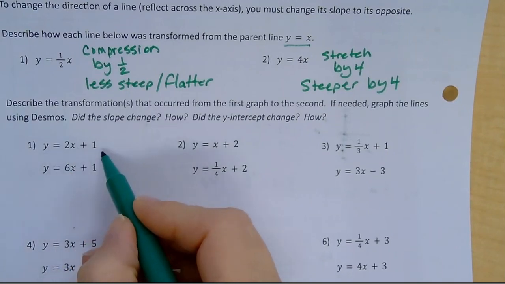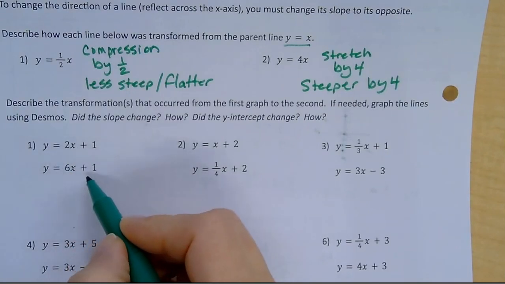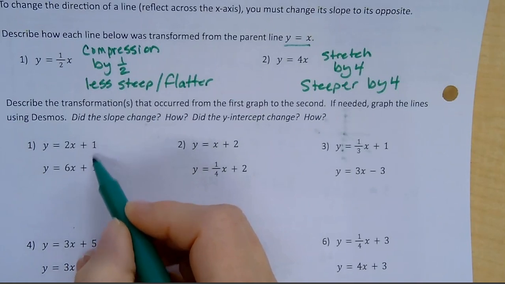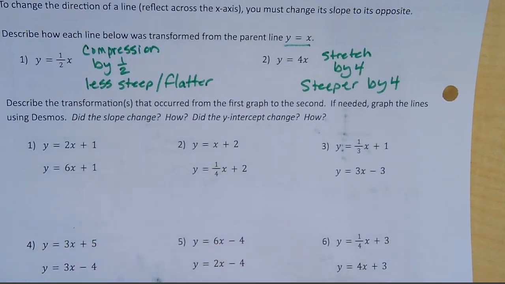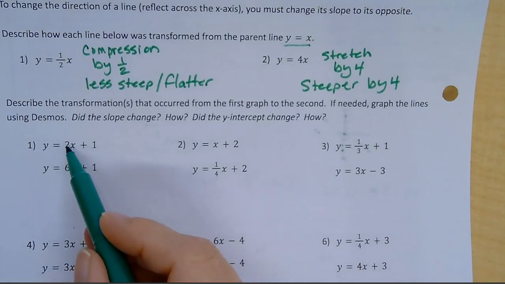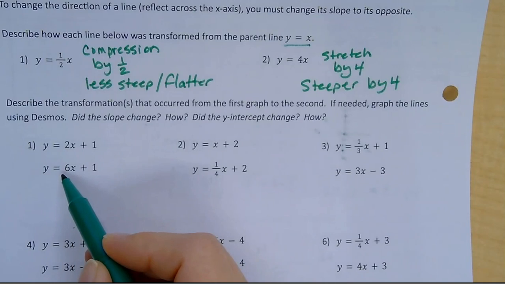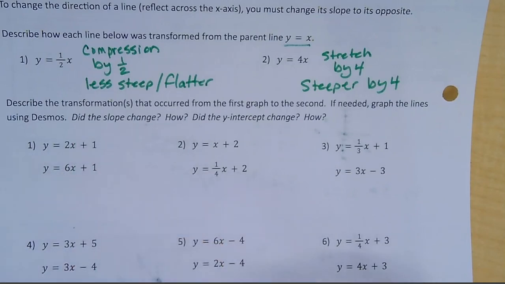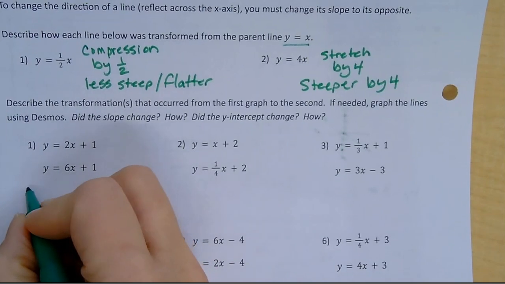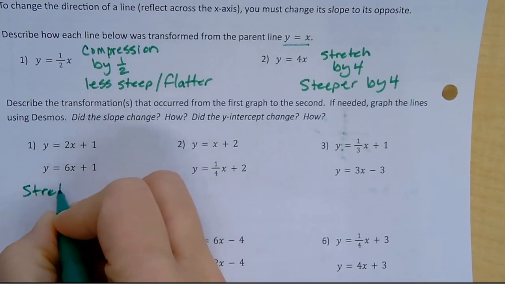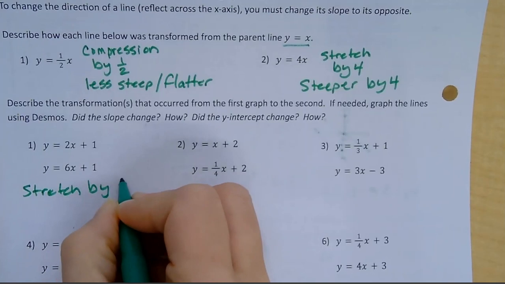I have y equals 2x plus 1 and y equals 6x plus 1. First of all, I can see that we didn't shift, because both times we are in exactly the same place on our y-axis. I did go from 2 to 6. So in my mind, I know that I multiplied 2 times 3. So I'm going to get steeper, or a stretch, by 3.